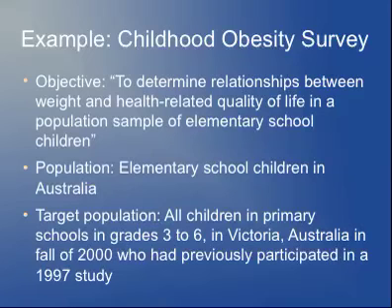They were hoping to draw inferences on all elementary school children in Australia, but didn't have the budget to sample from the entire country. So they sampled from the set of children in primary school in grades 3 through 6 in Victoria, who had previously participated in a study 3 years earlier.